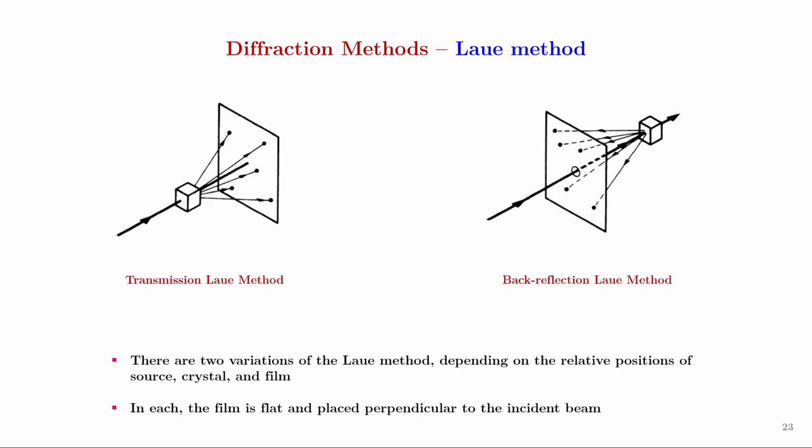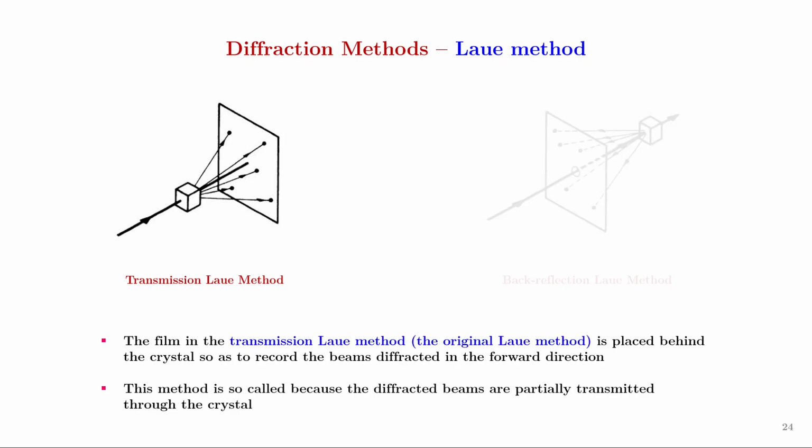As you see in this slide, there are two variations of the Laue method depending on the relative positions of the source, crystal, and film. In each, the film is flat and placed perpendicular to the incident beam. In the first method, the transmission Laue method, which is the original Laue method, the film is placed behind the crystal so as to record the beams diffracted in the forward direction.